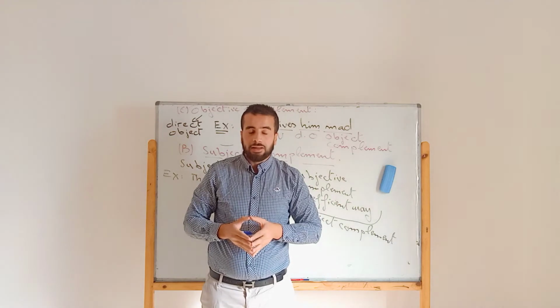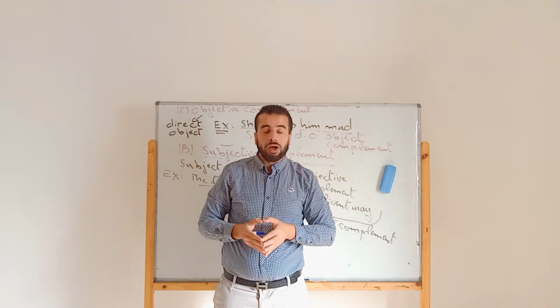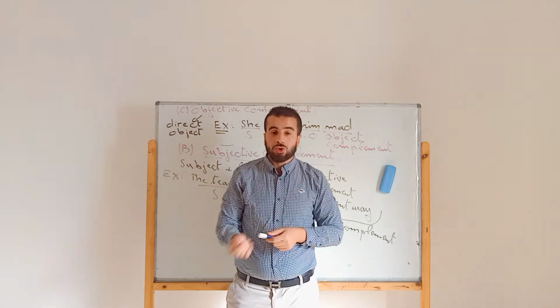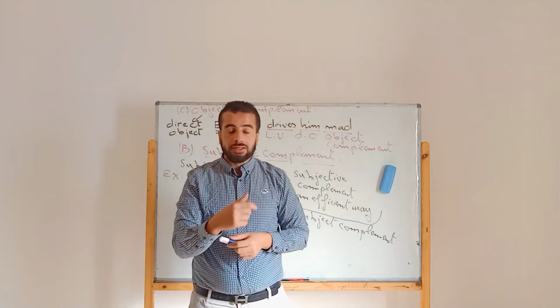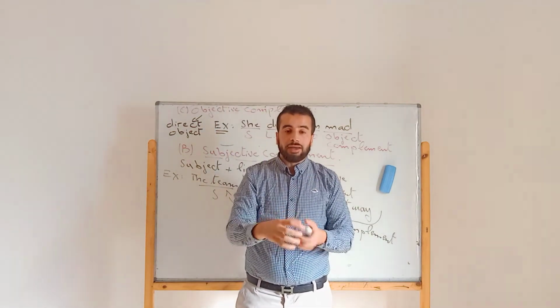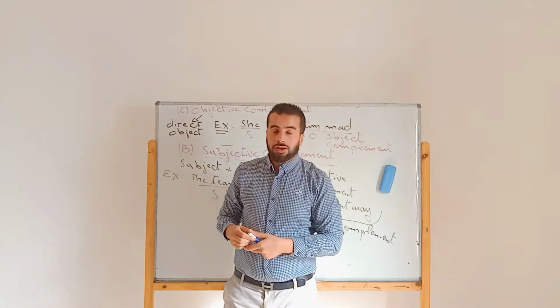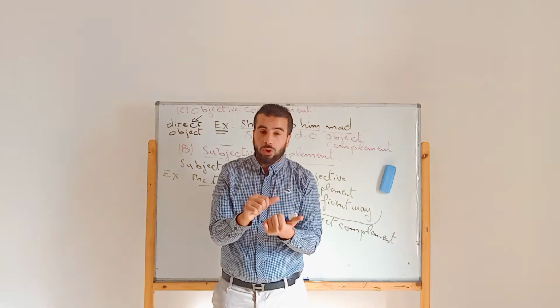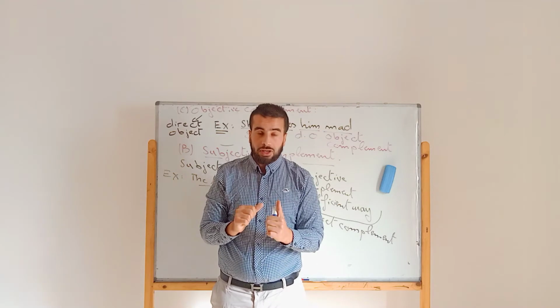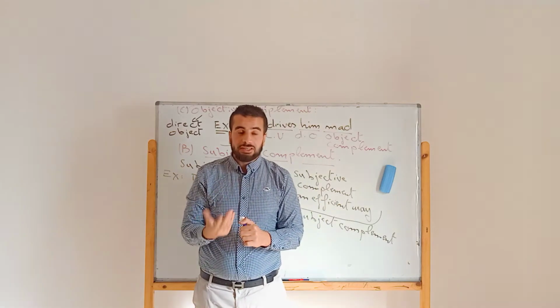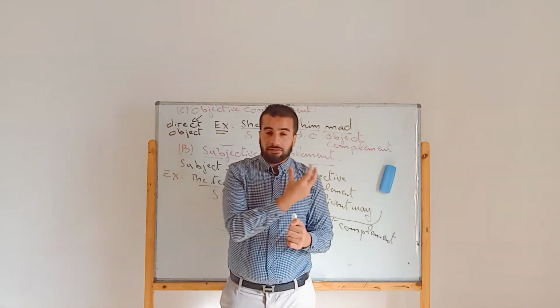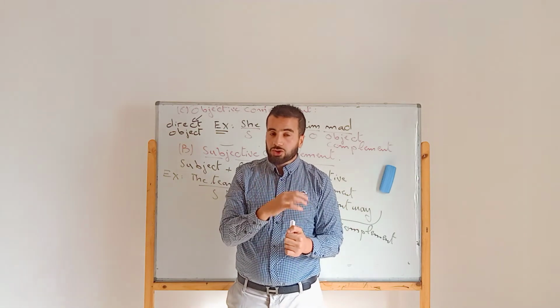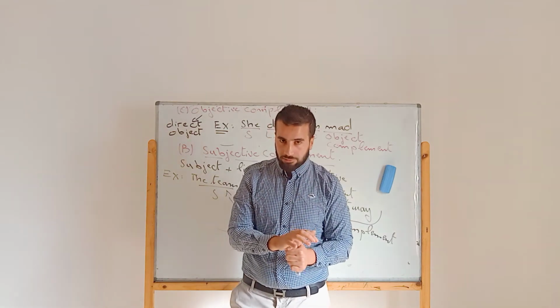The ball in a straight way. Straight way talks about the object, all right? In straight way means like this, right? So straight way talks about the object, which is the ball. The ball is the direct object, okay? This is the meaning of objective complement. It refers to the object.